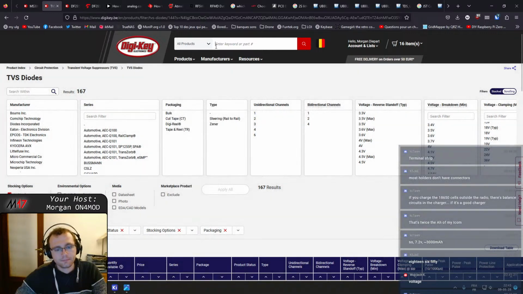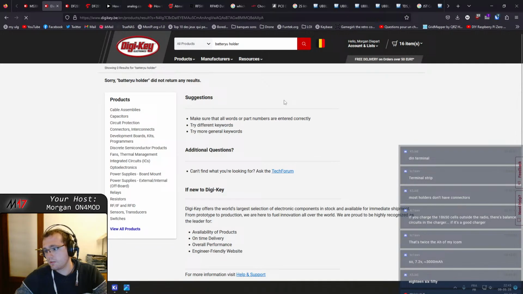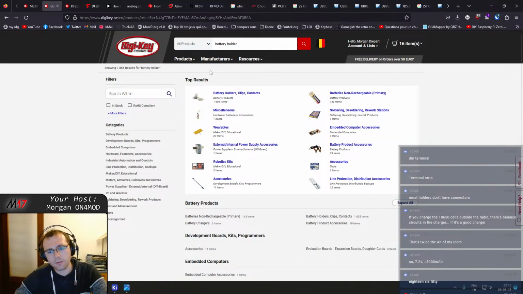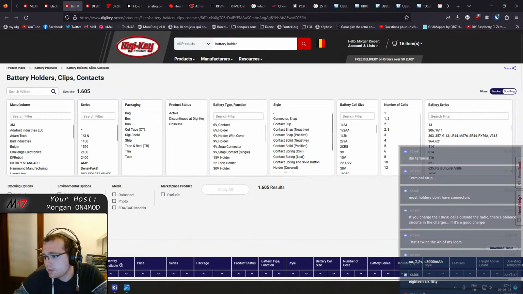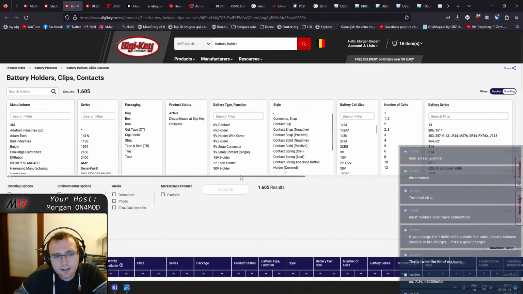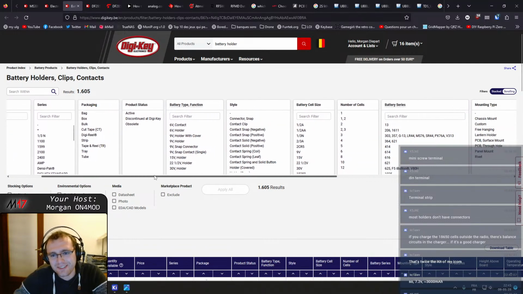Okay. DIN terminal, but the terminal strip. Screw terminal. That's the one I was looking for. I think it's common. I think it would be in here. DIN terminal, mini screw terminal, terminal strip. Okay, there are several ways to call them, it seems.